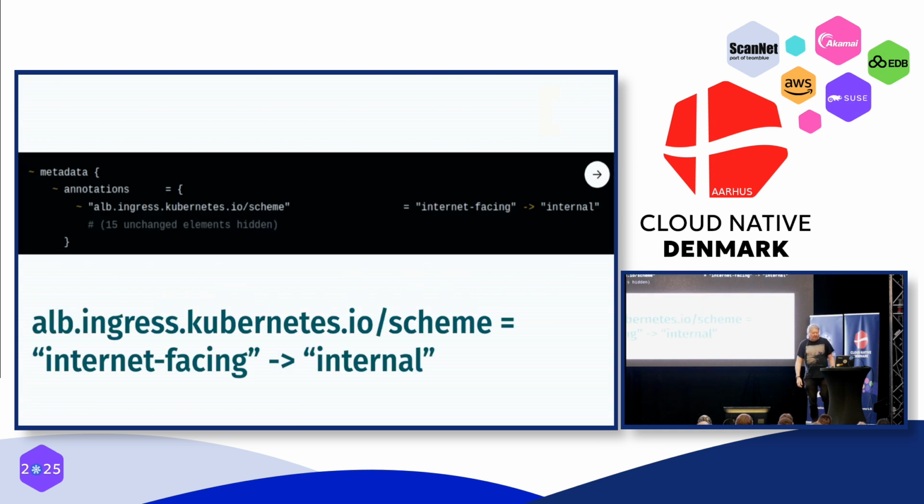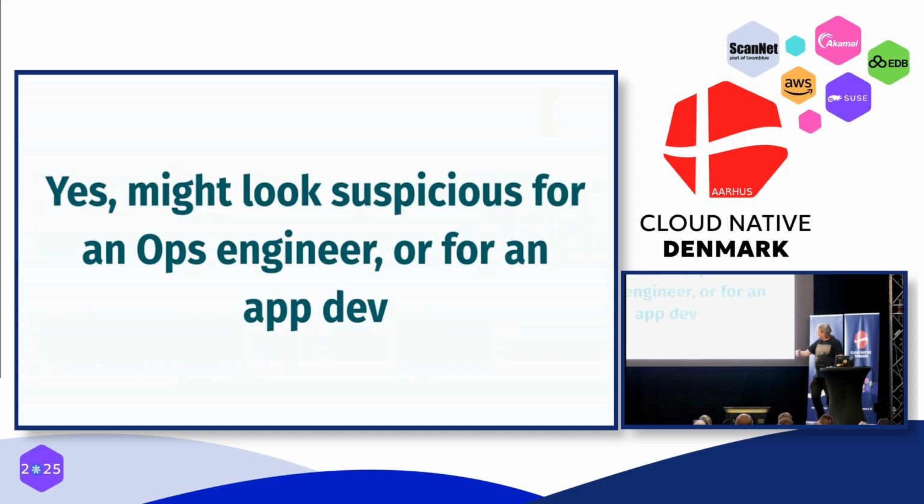The change itself looked like this. It was some alb.ingress.kubernetes.io/scheme changed from internet-facing to internal. Now, you are all platform engineers and you suspect that this is dangerous, and even an app developer might think that.